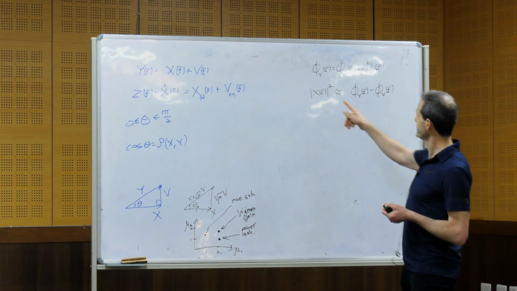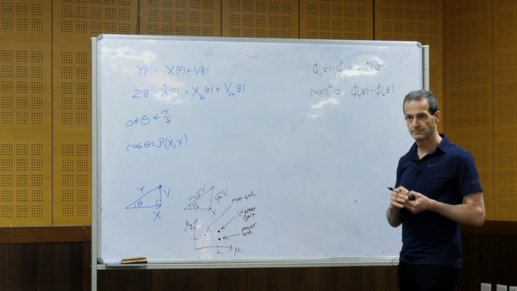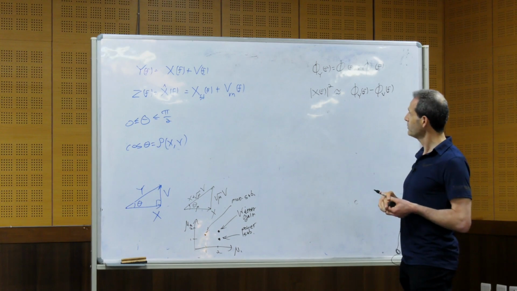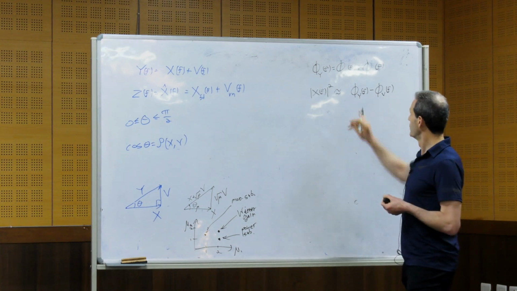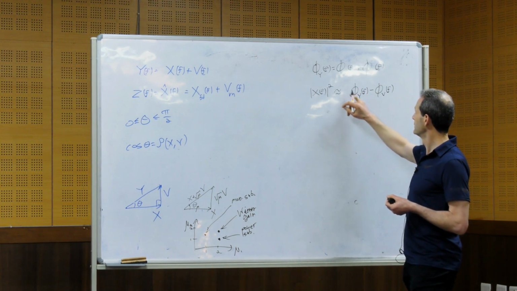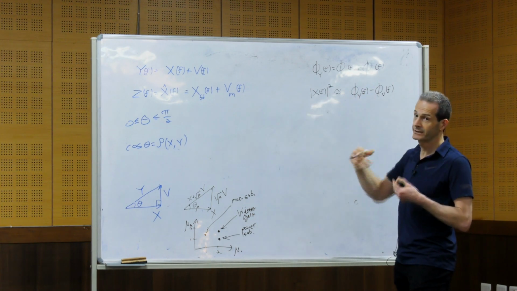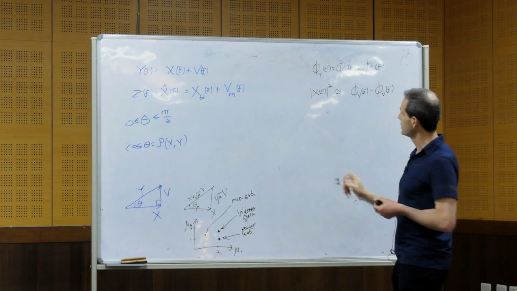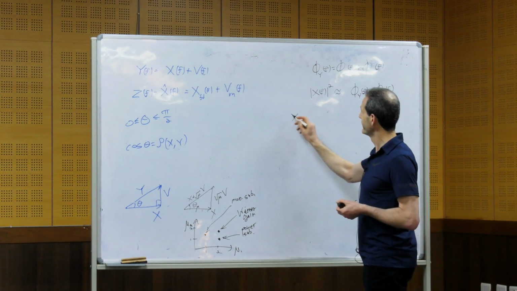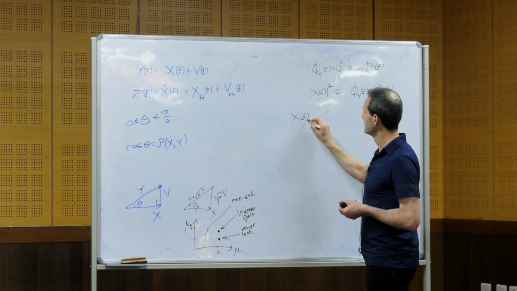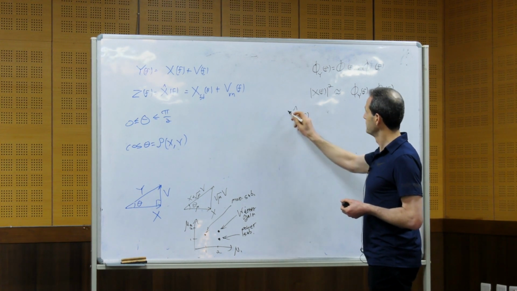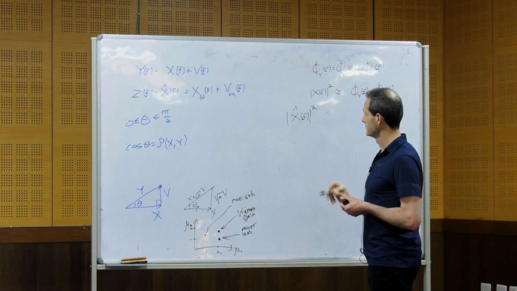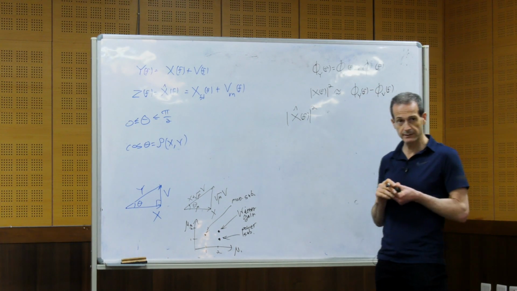Because we want to find an estimate. Now, instead of writing this, we don't know the variance of y. We need to estimate it. So we will write |x̂_f|squared. This will be an estimate.